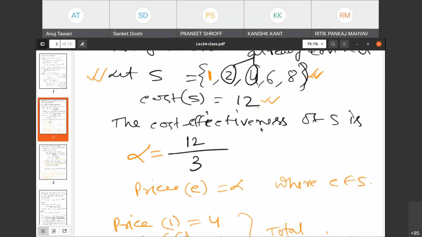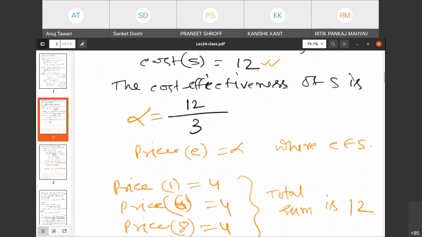Cost effectiveness of that set. So for instance, here we chose this set S in which 2 and 4 were already covered, and it is covering 3 new elements, 1, 6, and 8. So we'll set the price of 1 to be the value of alpha for this set, which is 4. Price of 6 will also be 4. Price of 8 will also be 4.